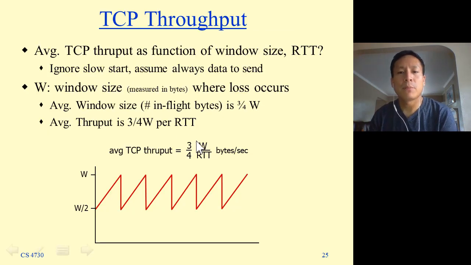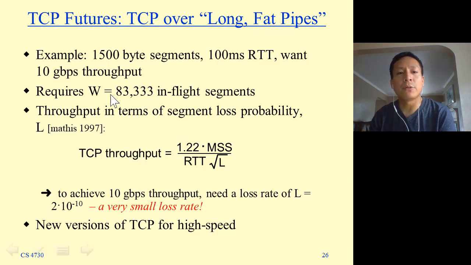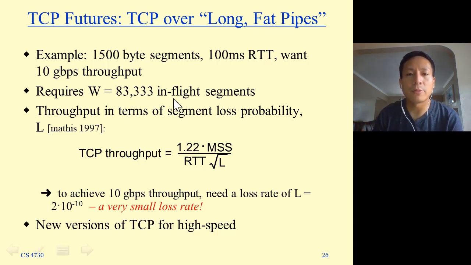You can put all these things into this equation, right? Your average throughput goes right here, window size is what you want to get, and RTT is right here. You put RTT in, you put throughput in, and you will be able to get W, right? In this specific example, W will be around 83,333 segments.